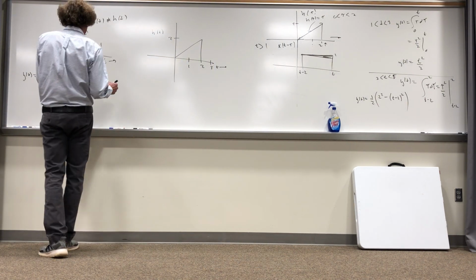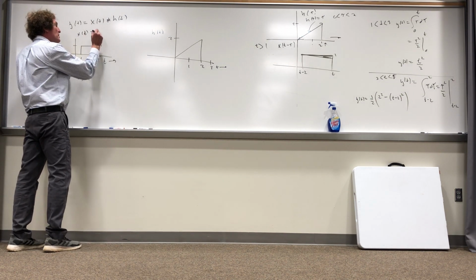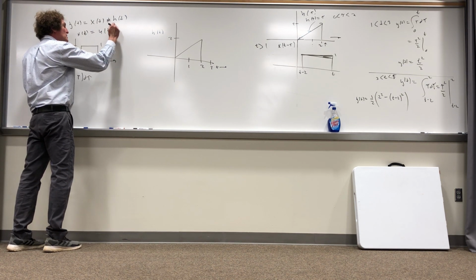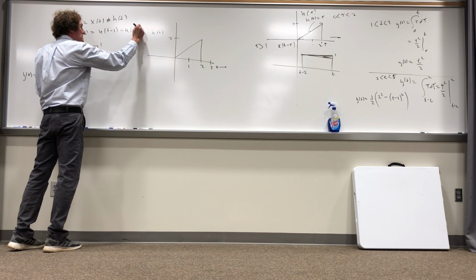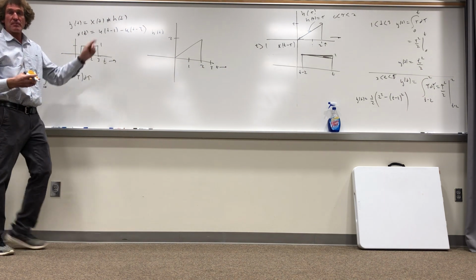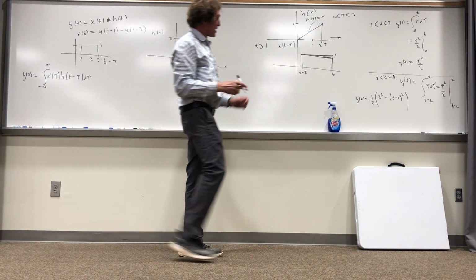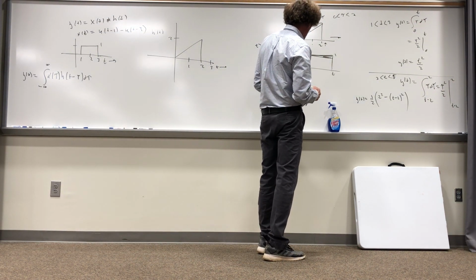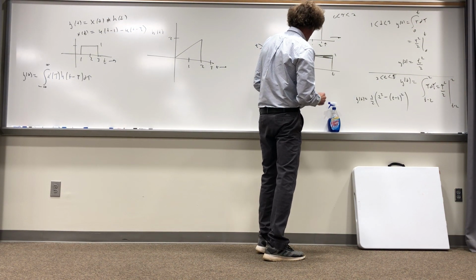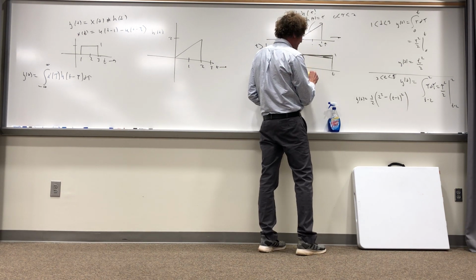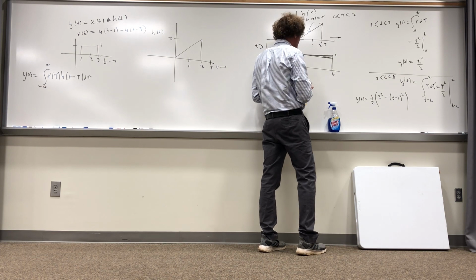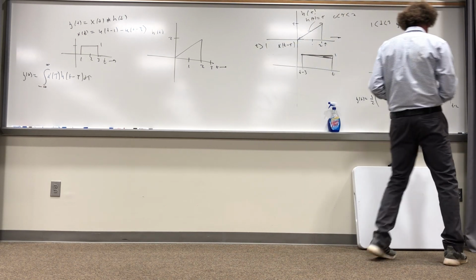If you want an equation for this, it would be u of t minus 1 minus u of t minus 3. And that second equation you've got there would be if your x of t started from 0 and went to 2. You're right, so you need to time shift your solution by a second. Yeah, that would be t minus 3, not that.